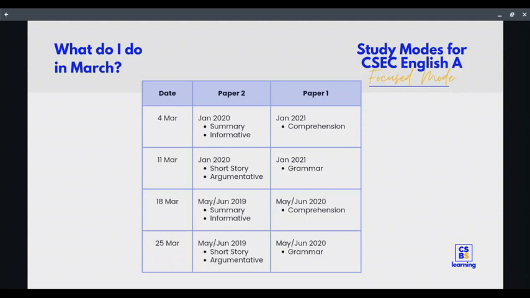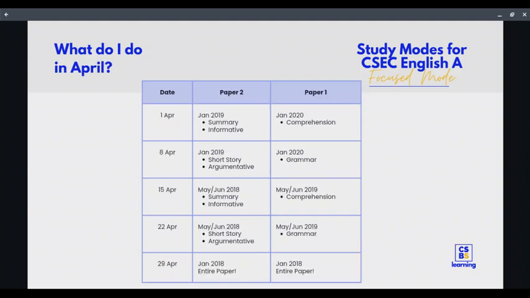This is our schedule for March. We're still aiming to make sure we're getting our work done by the weekends. Jan 2020 and May, June 2019 for paper 2, and for paper 1, Jan 21 and May, June 2020.